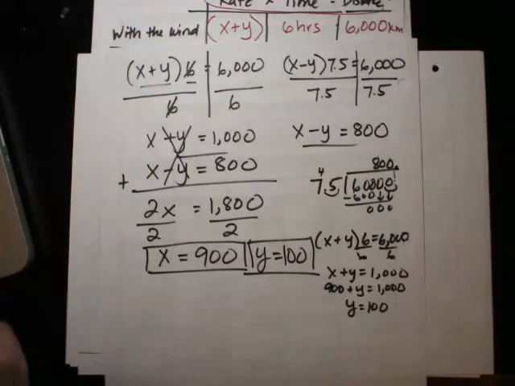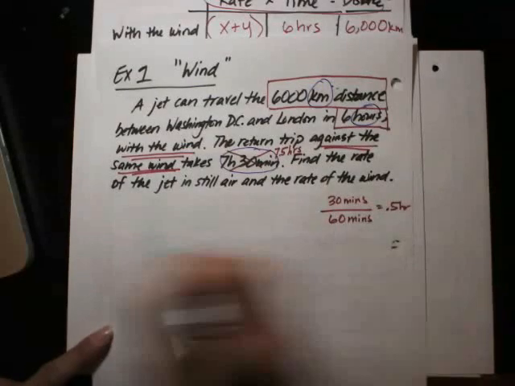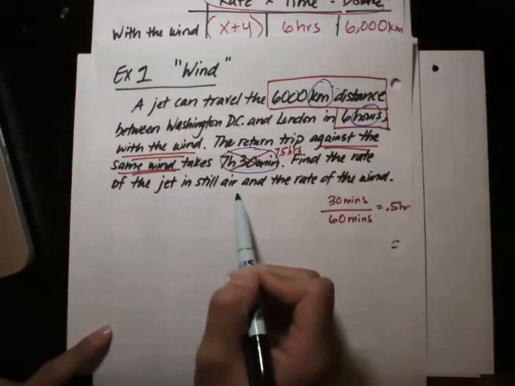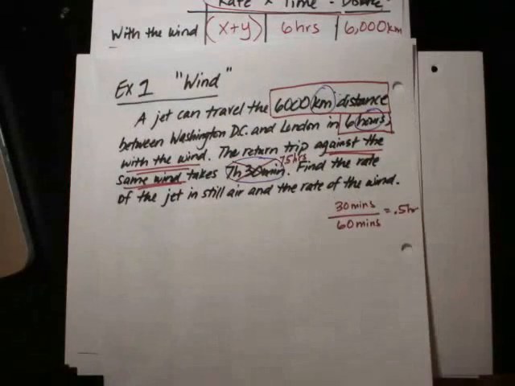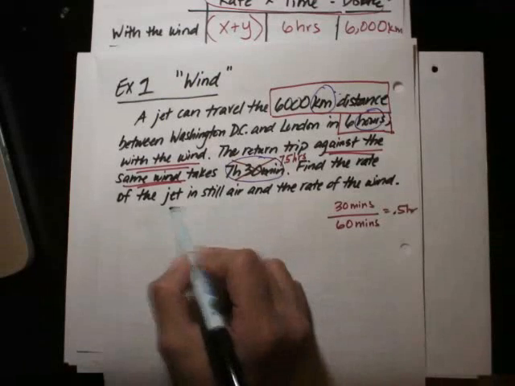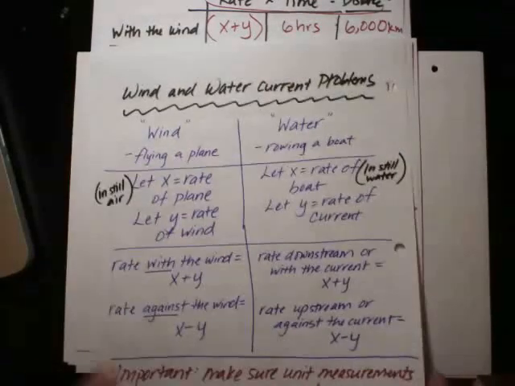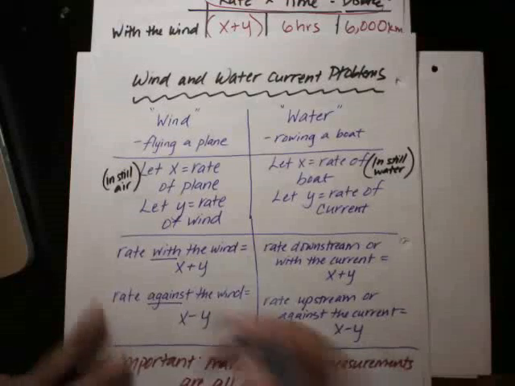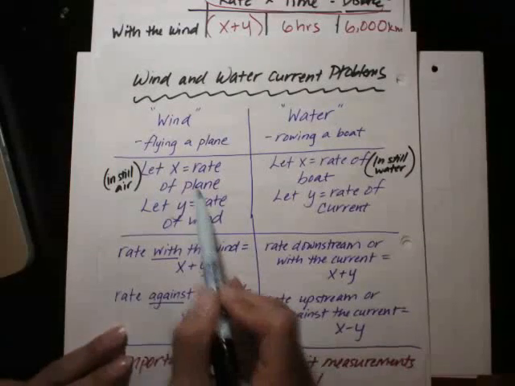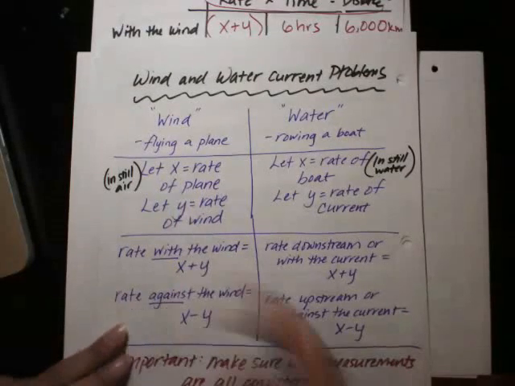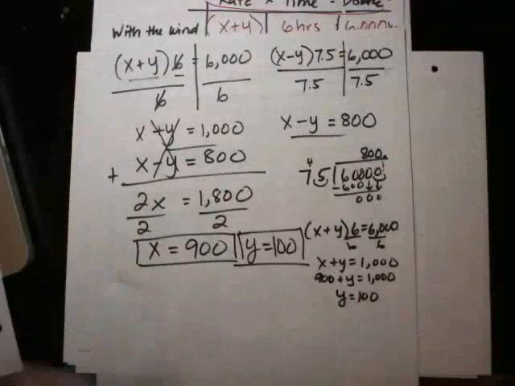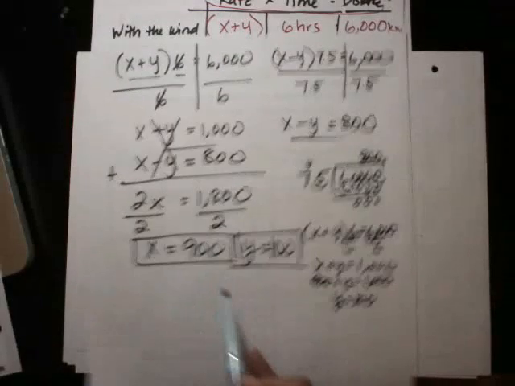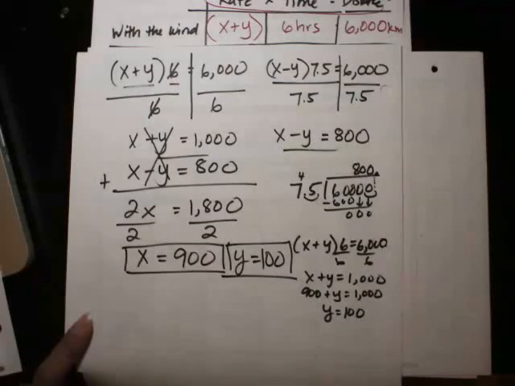Okay, so now we have to make sure that we answer the question that was being asked. Let's look at the question again one more time. Find the rate of the jet in still air and the rate of the wind. Okay, so the rate of the jet in still air, let's go to where we define our variables. The rate of the jet or the plane in still air is just x. So let's go to our answer. X is 900, and let's take a look at what we should label this.